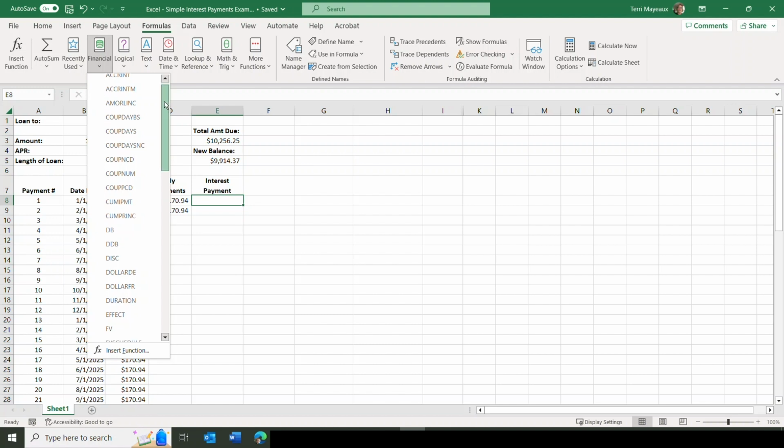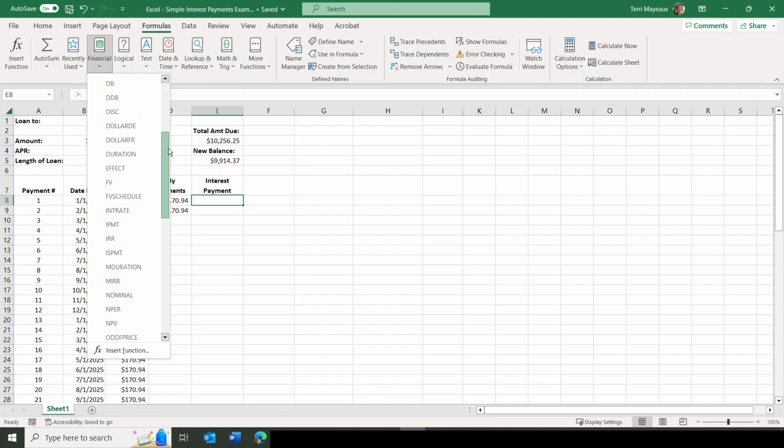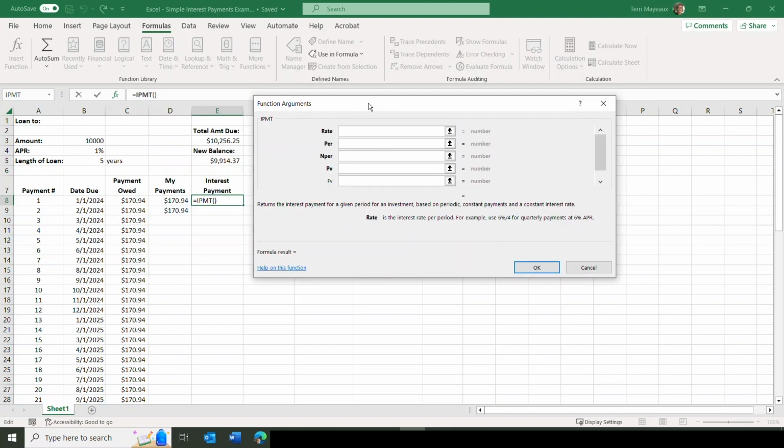And interest payment is IPMT. So we'll select that. There is one difference here between the interest payment and the regular payments that we figured out first. And so let's look at each one of these pieces that go into the interest payment function.